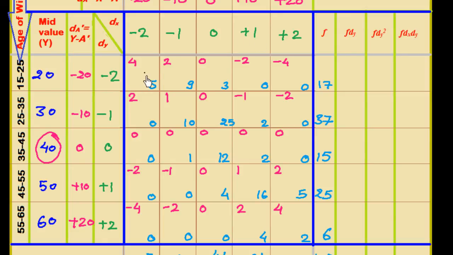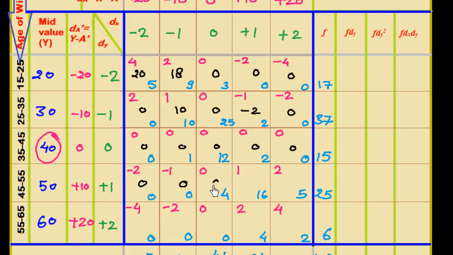So we write down here 5 times 20, 9 times 18, 0, 0, 0, 0, 10, 0, minus 2 and 0, 0, 0, 0, 0, here 0, 0, 0, 16, 16 times 1 is 16, 5 times 2 is 10, here 0, 0, 0, 4 times 8 and 4 times 8. Okay, so this we have got here.